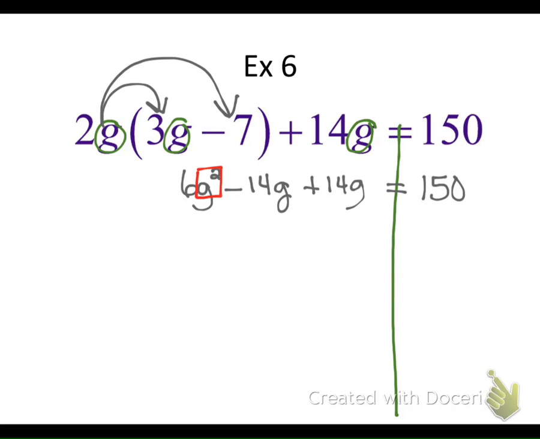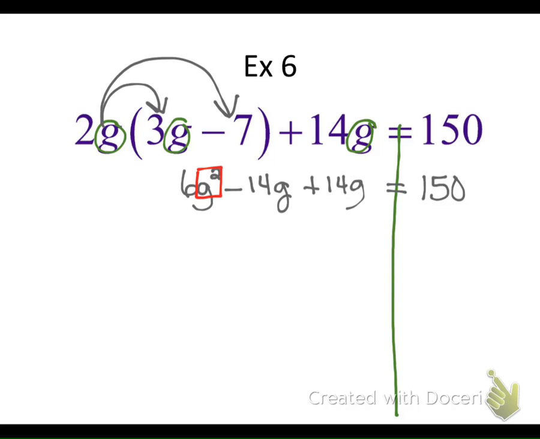I need to get that by itself. So raise your hand if you think you know the first step you're going to do. Deontay? Could we maybe just go ahead and simplify this first?